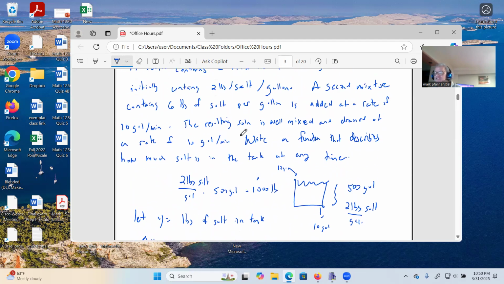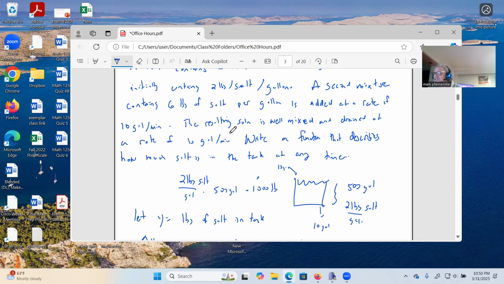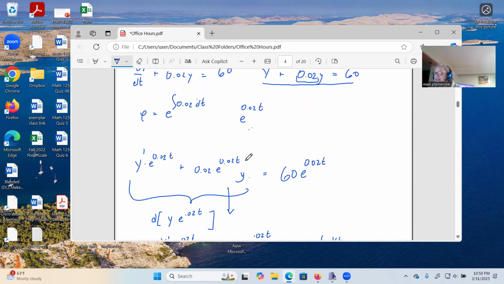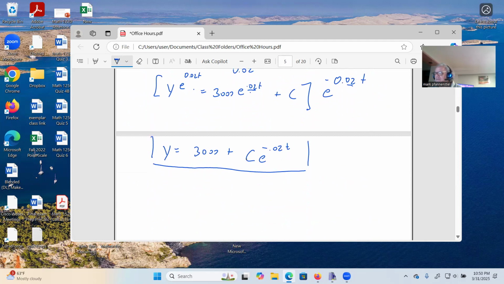We don't deal with concentrations at all. How much salt did we start with? It looks like we started with 1,000 pounds of salt in the tank. So when t equals 0, there are 1,000 pounds of salt in the tank.